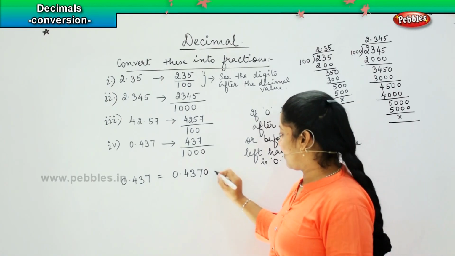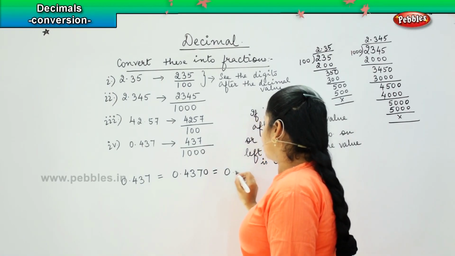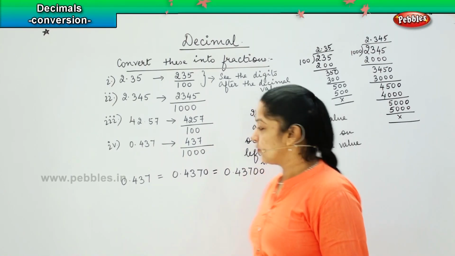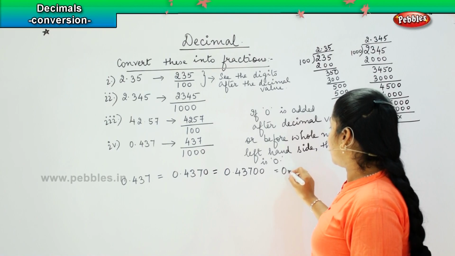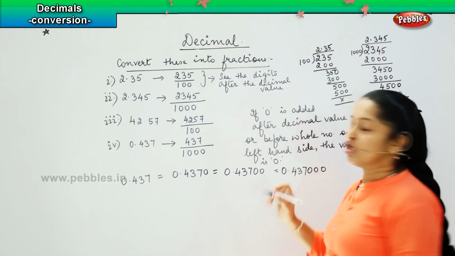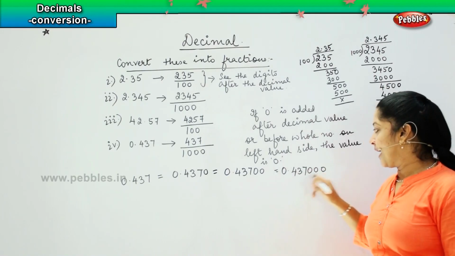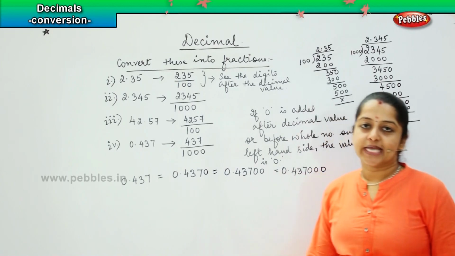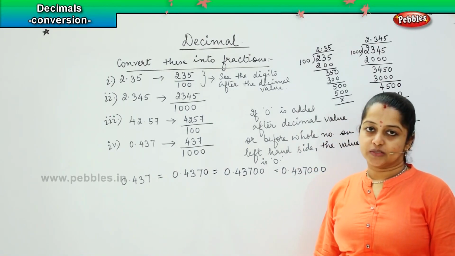Now if I add 0.43700, okay, or if I say 0.437000, however many zeros I add after 7, it will at the end of the day be the same, which means that the value will not change.